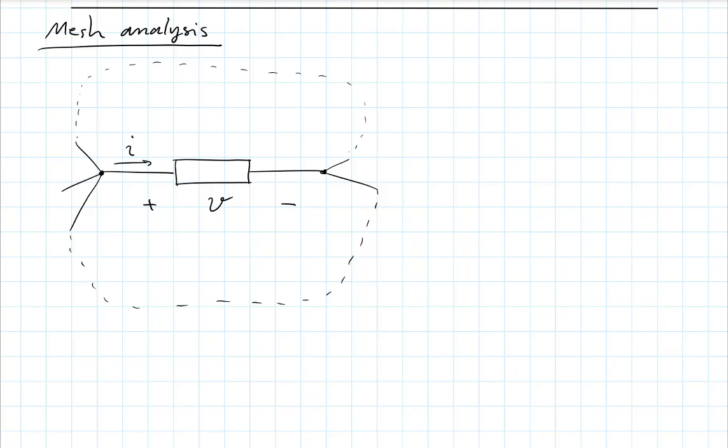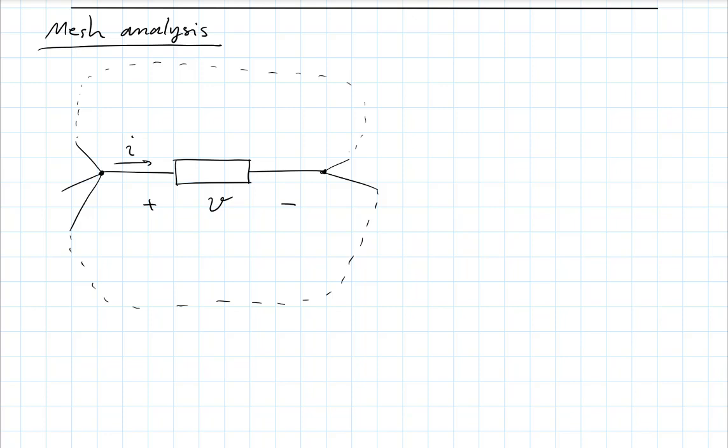Mesh current is not a physical quantity that you measure directly. The same way that node voltage was not something that you measured directly, but you were always measuring a voltage difference. You had a reference somewhere that you defined for your circuit. And so the voltage difference between different points and that reference was what you called node voltages, right?